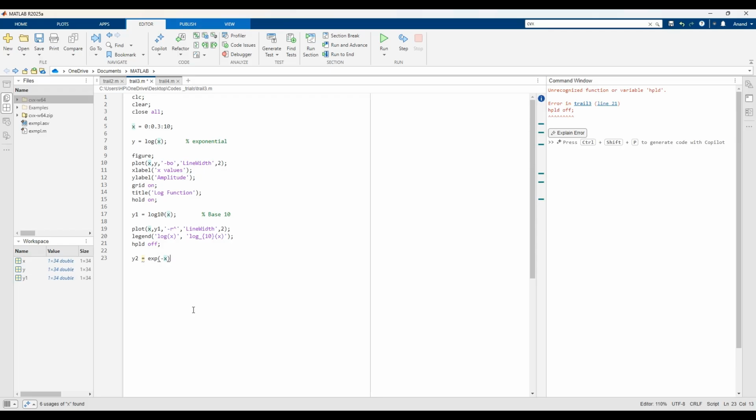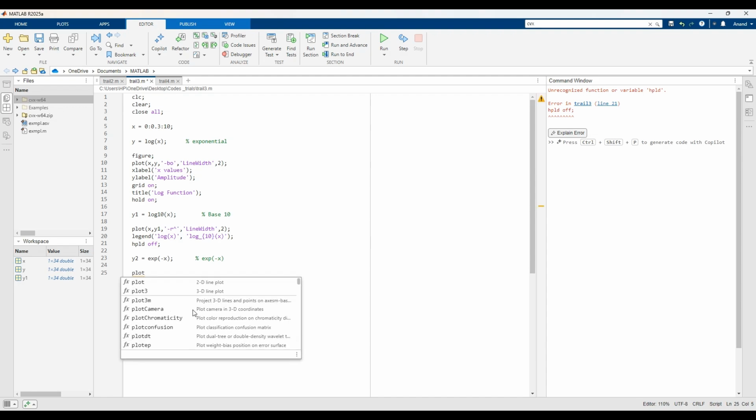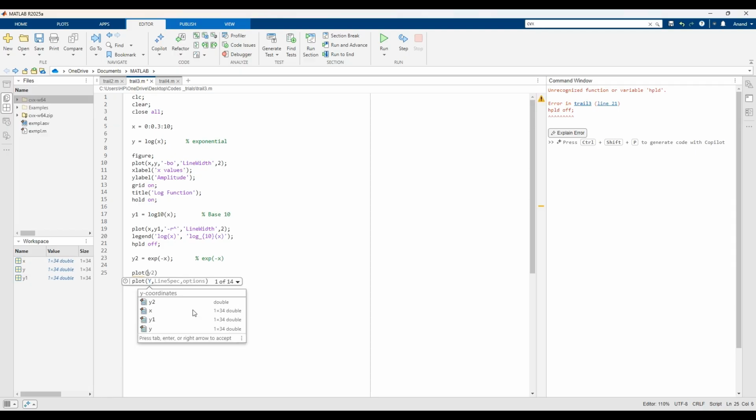We are not giving e to the x, because then the range would be very high, because our range is 0 to 10, so it will not come in the same graph. So we are just plotting the minus exponential graph.